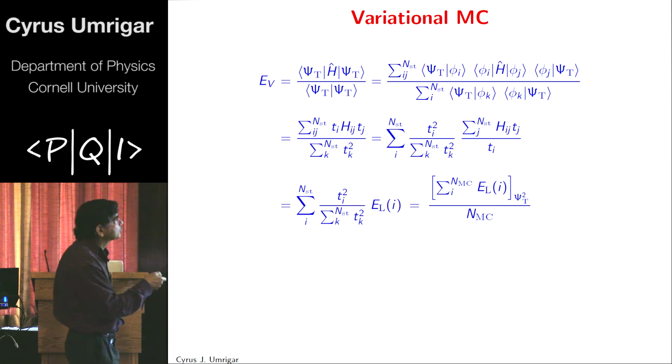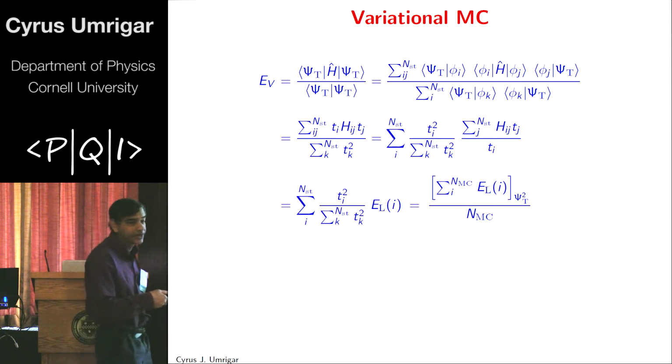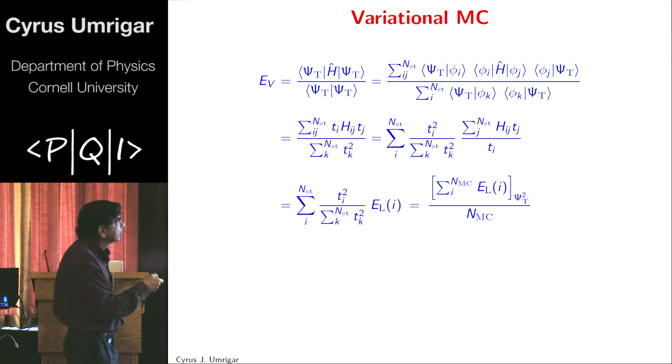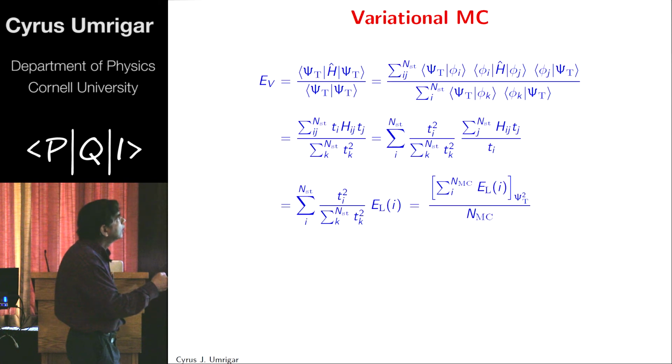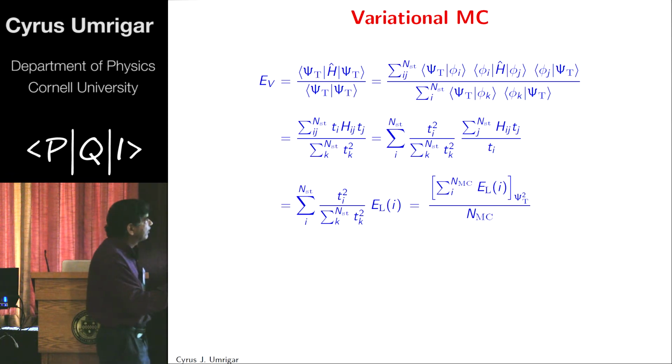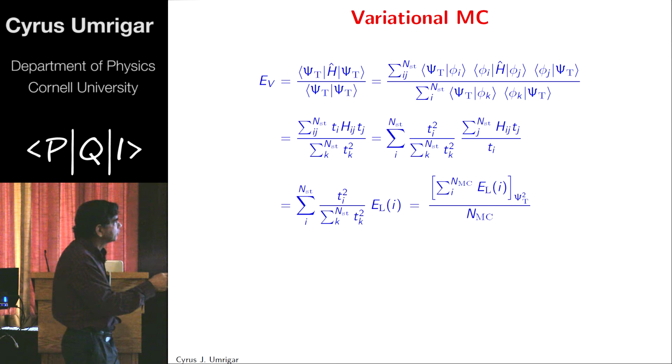I want to calculate the expectation value of, for example, the Hamiltonian, but it could be some other operator, for the trial wave function. So I introduce my complete set of states over here and over here. And then I use my definition of the Hamiltonian matrix and the components of the wave function in that basis.